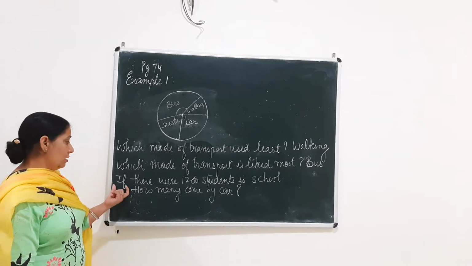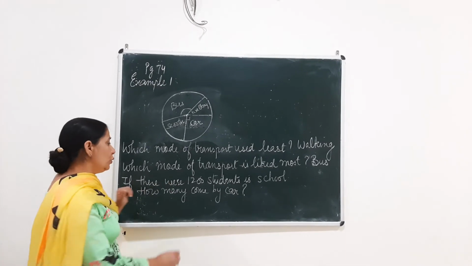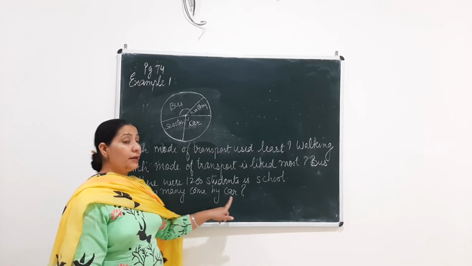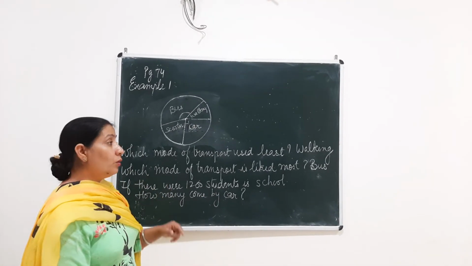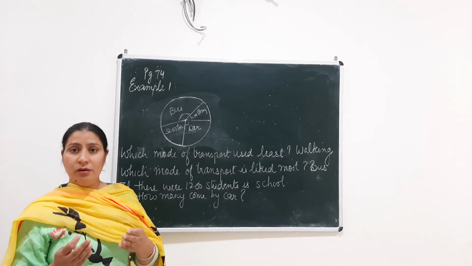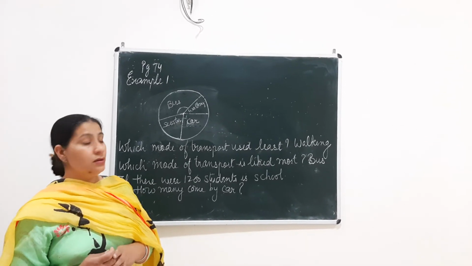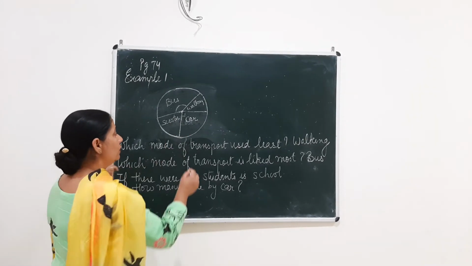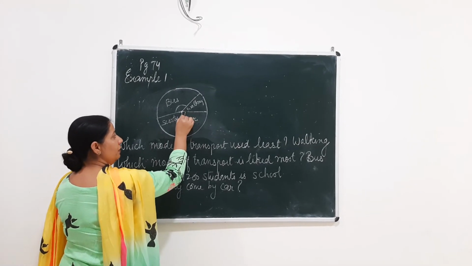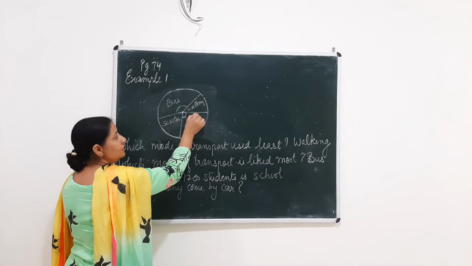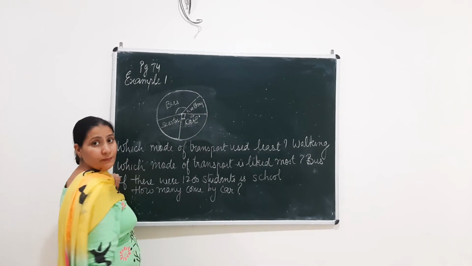What it says is, if there were 1200 students in the school, how many come by car? Now here I want to find the number of students that come by car. For that, children, there is a symbol made here in the sector of car, and I know that this symbol represents 90 degrees.